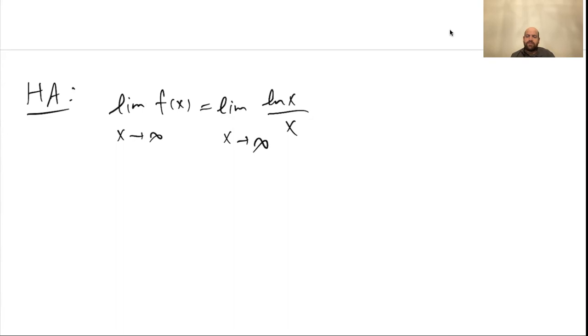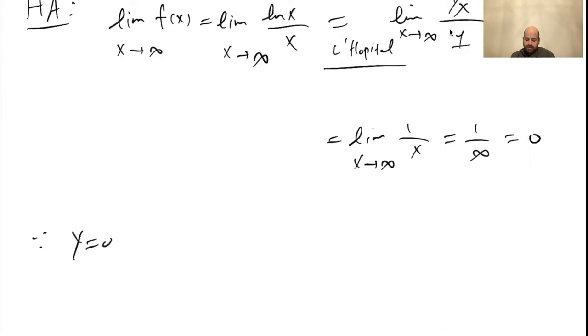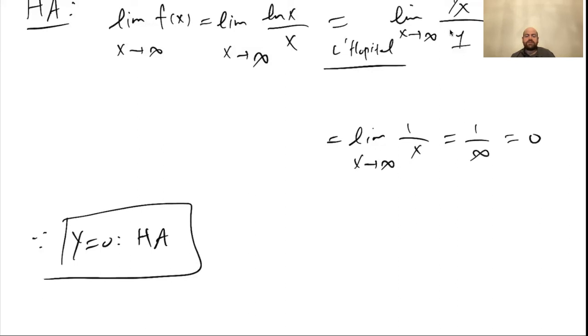So it's an indeterminate form, so we can use L'Hopital's rule to simplify it. Then we get limit derivative of top over derivative of bottom. Derivative of top is 1 over x, derivative of bottom is 1, x goes to infinity, and then this is limit 1 over x, x goes to infinity, 1 over infinity, and that's 0. So that means y equals 0 is our horizontal asymptote, because limit f of x as x approaches infinity is 0.